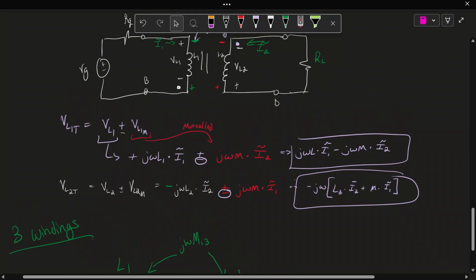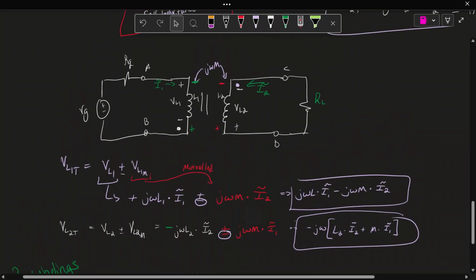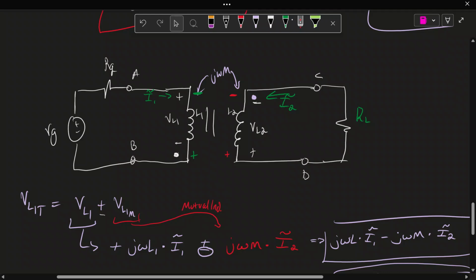I hope y'all can see this, and I hope y'all understand how I'm getting these dot convention polarities. Just so you know, the current could be going in here, or again, we flipped these, which was really good because we understood that self-inductance does not affect the mutual inductance at all. It is where the current is flowing into these dots.